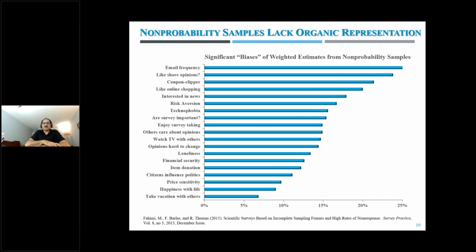They have bias. And there is a long list of items that such samples can produce biased estimates for. And therefore, it's important to be cognizant of that when you blend probability samples with non-probability samples.